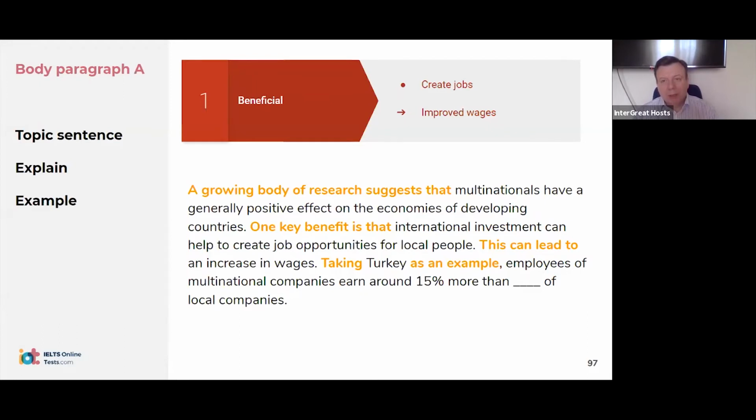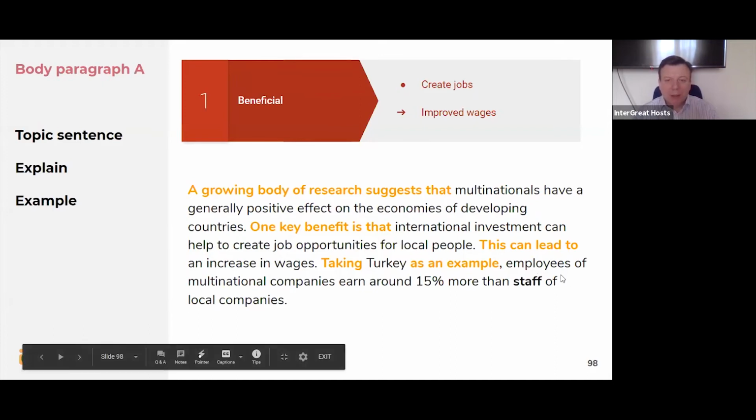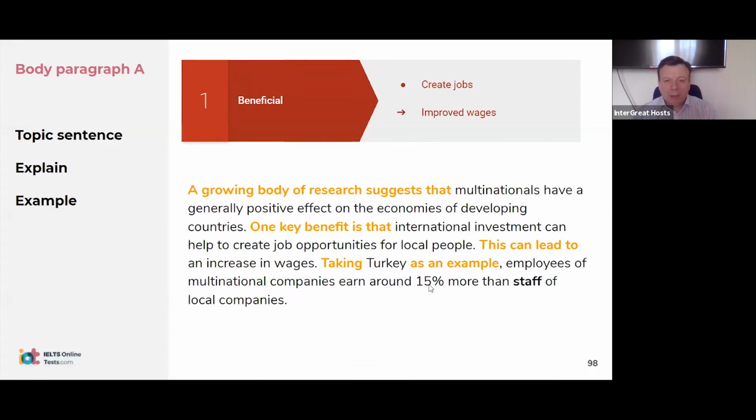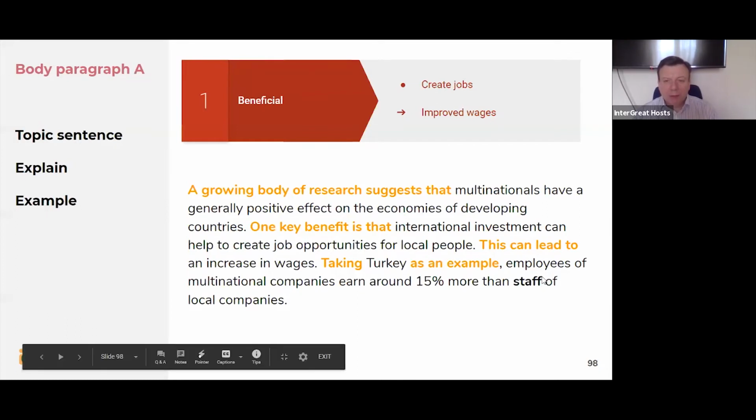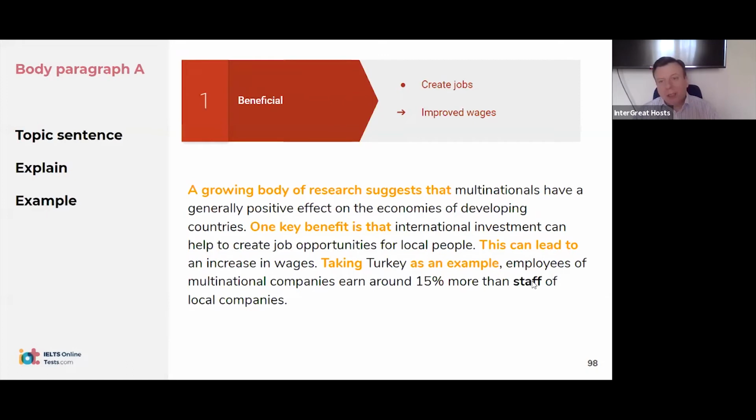Champ, good, Gwen, yeah, a few words that we're using here. Okay, good. So here we've put in staff. So employees, staff. So employees of multinational companies earn around 15% more than staff of local companies. Okay. Now you could have put that than those at local companies.